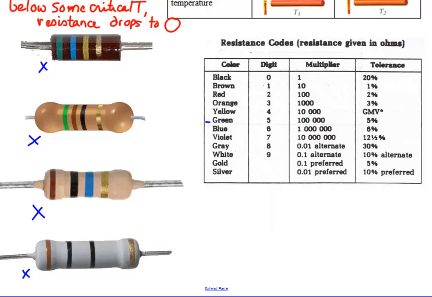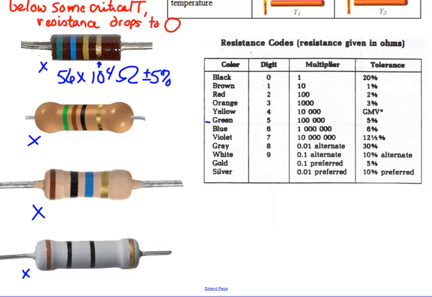Blue is 6, so this is 56 times, and then we have yellow, which is 4. So it's 56 times 10 to the 4. The units for resistance are ohms, represented by omega. So that's the resistance of that resistor, and it's a gold band, so its tolerance is 5%.